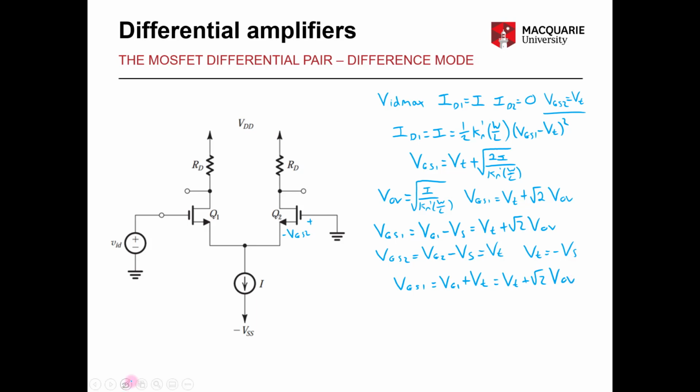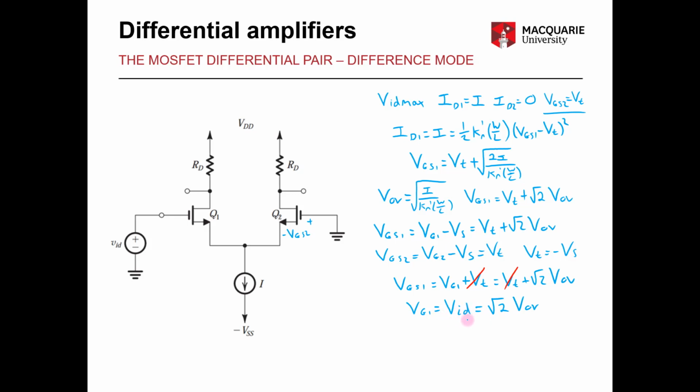So we can see here that our VT terms can cancel out, leaving VG1, which is in this case equal to VID, equal to root 2 times VOV.